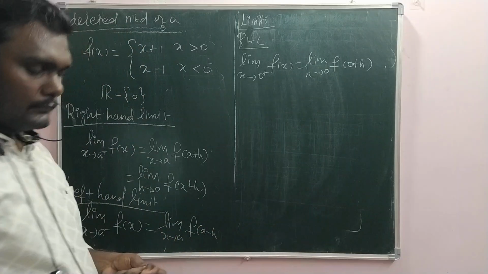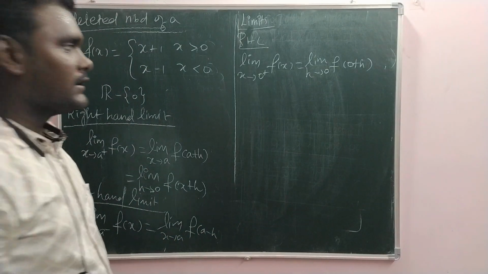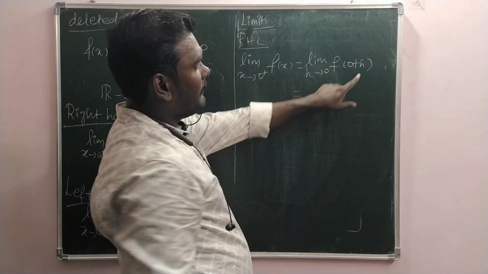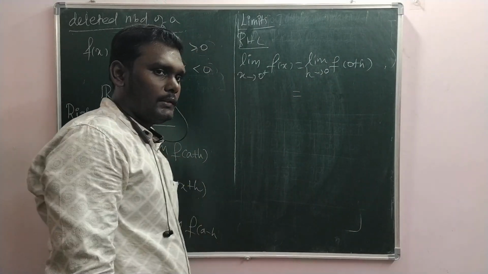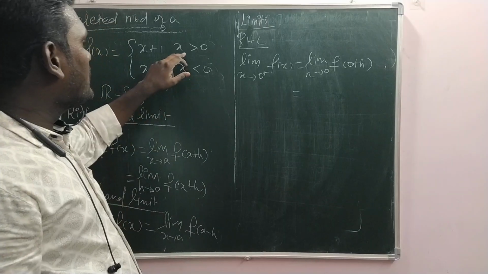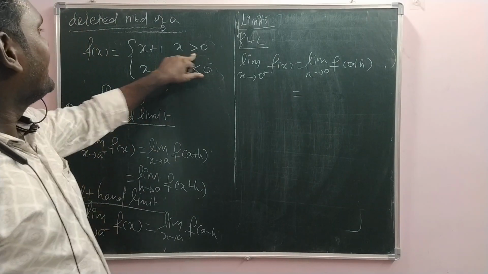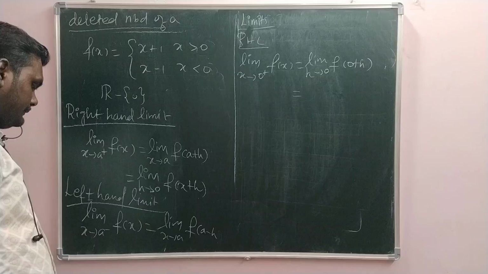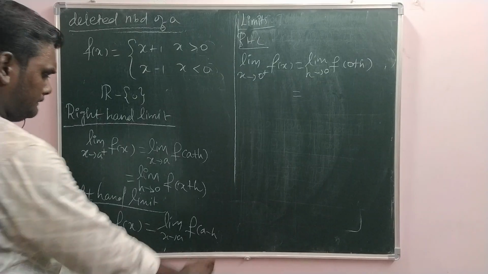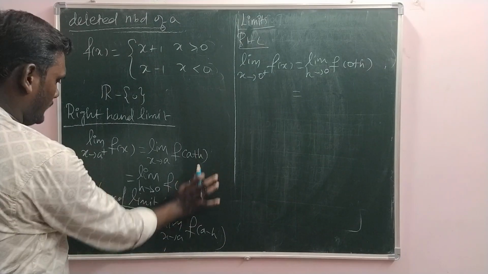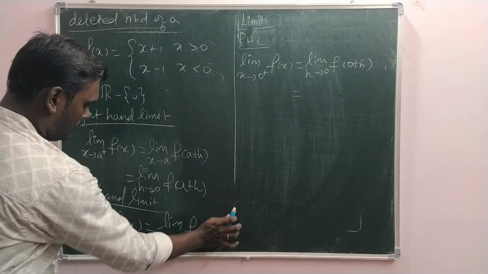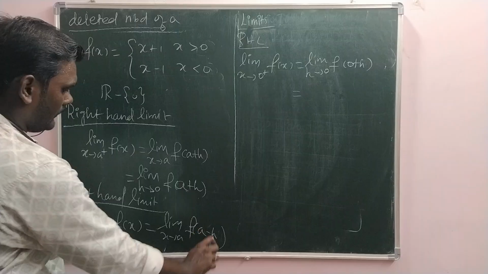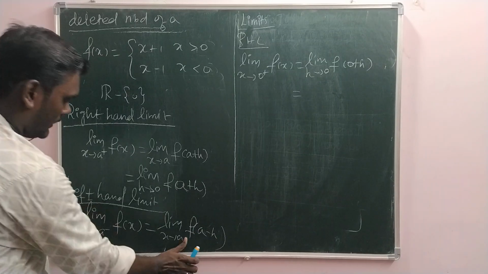So f of 0 plus h means we are substituting a value which is more than 0. When you substitute more than 0, which output will come? Sorry, this is f of a plus h, and here also f of a minus h, limit h tends to 0.